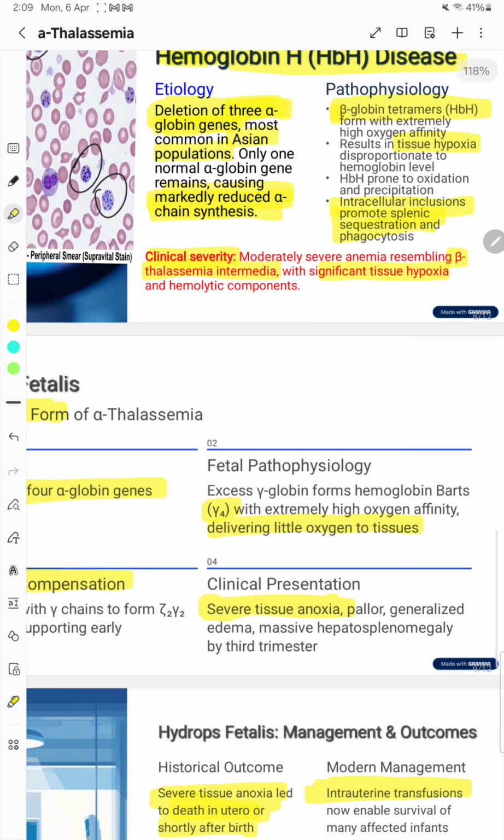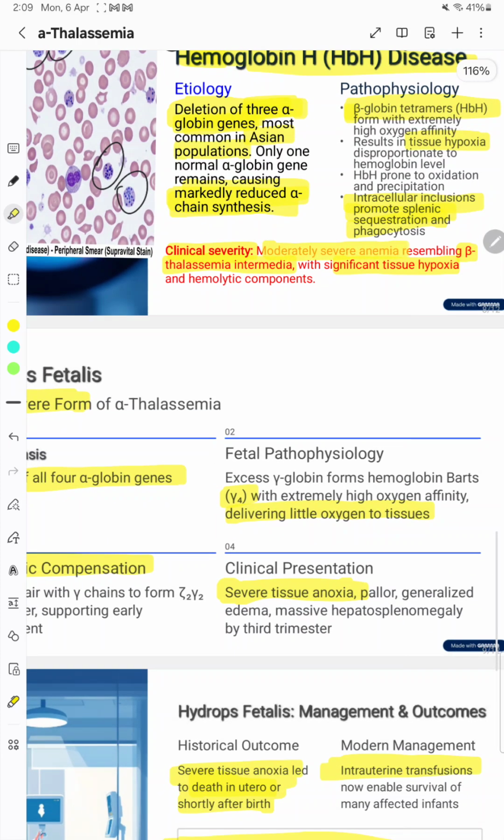Clinical severity of HbH disease: this is a moderately severe anemia resembling beta thalassemia intermedia. In this condition, there is significant hypoxia with hemolytic components.